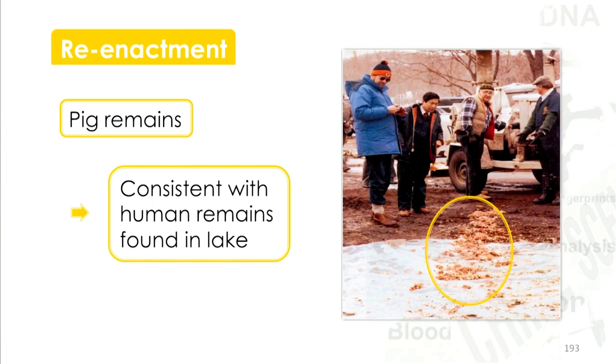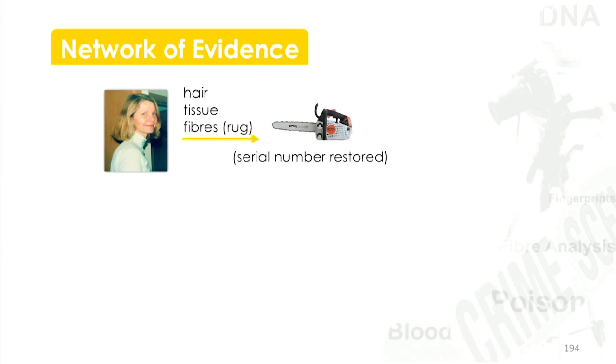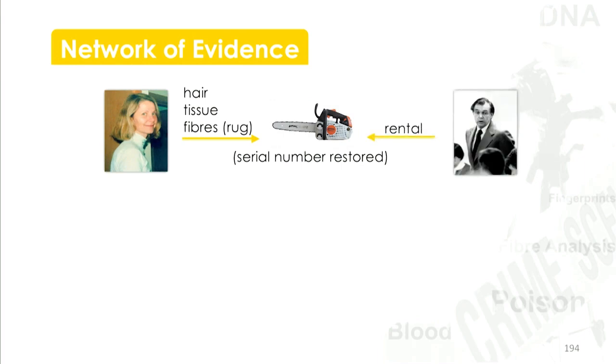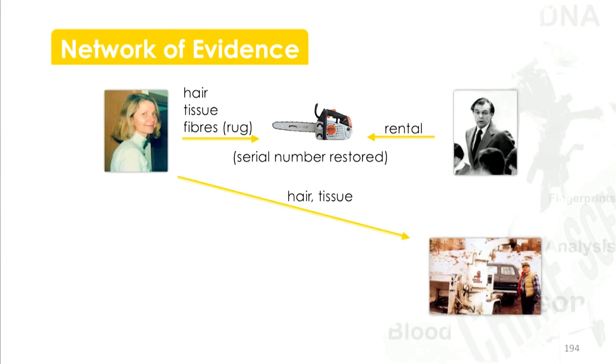So if we look at all this evidence, and there's a network of evidence, you can see that Helly is linked to the chainsaw by the hair and the tissue and the fibers. Richard is linked to the chainsaw by the rental record after reading the serial number. Helly is linked to the wood chipper by hair and tissue.